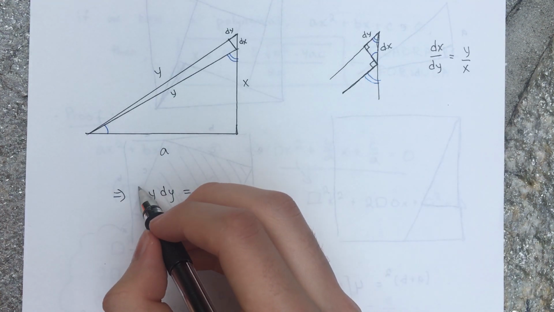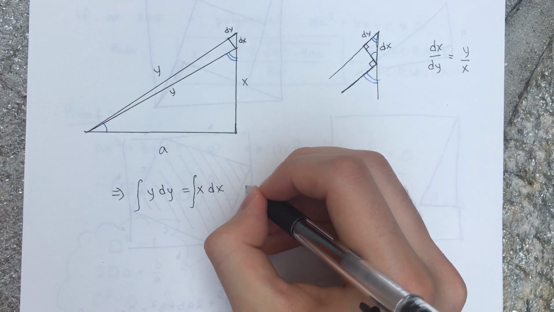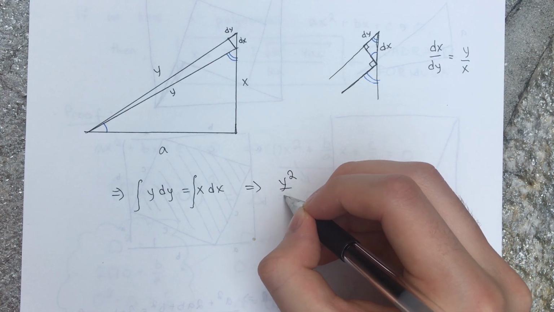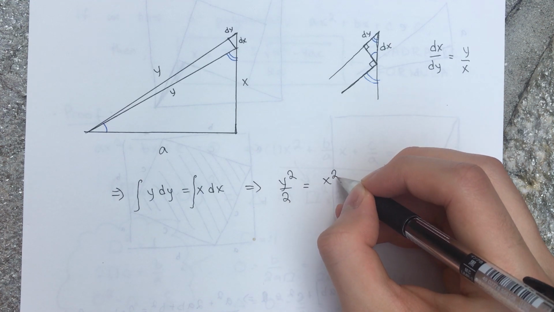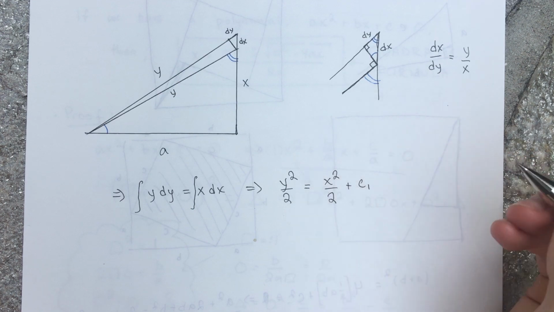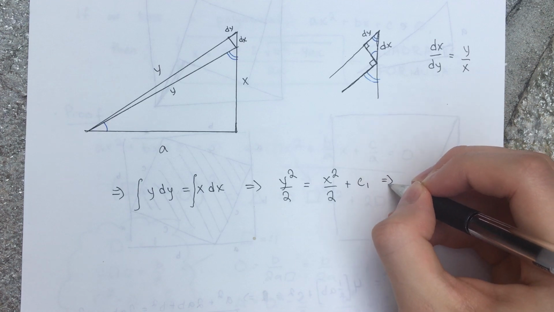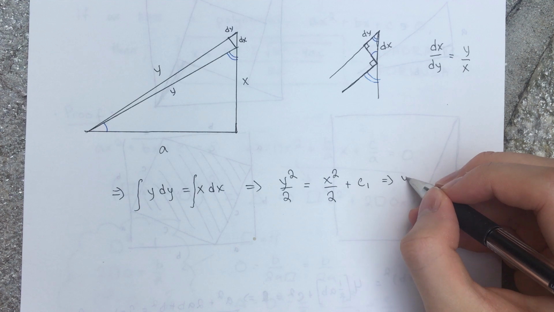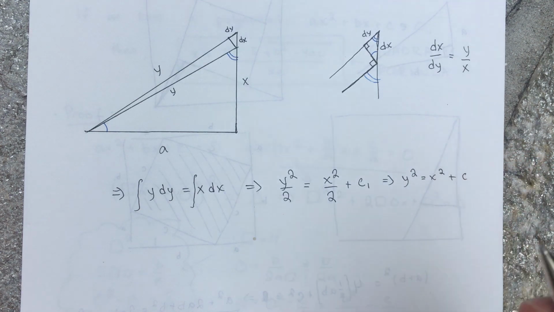We're going to integrate both sides, and from this we'll get y squared over 2 is equal to x squared over 2 plus an integration constant. And we're just going to simplify this by multiplying 2 on both sides. 2 will be absorbed into the constant, so we'll just get y squared equals x squared plus c.